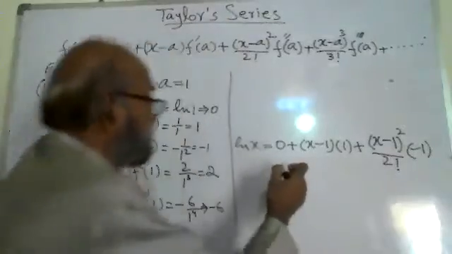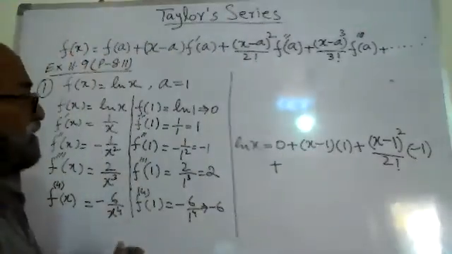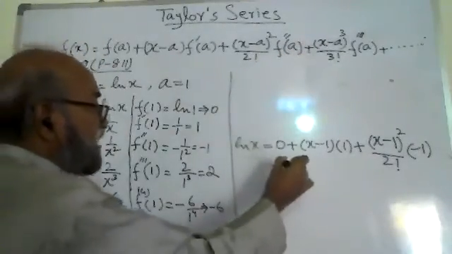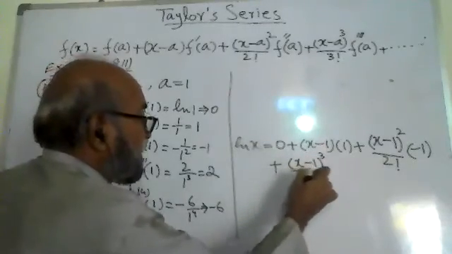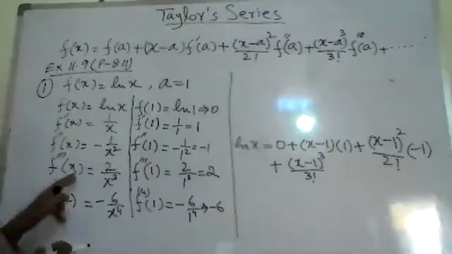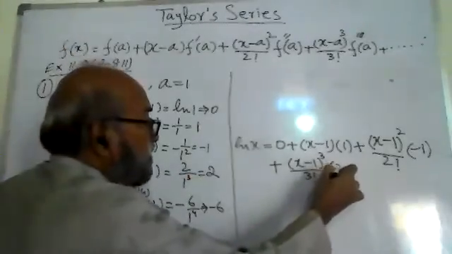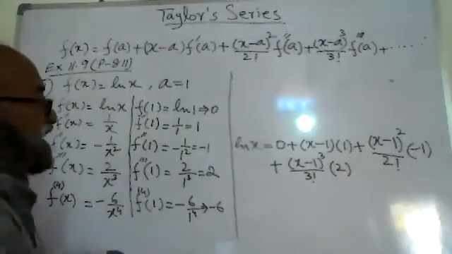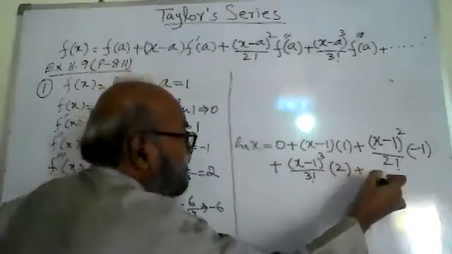The third term, x minus a whole cube, so x minus 1 whole cube upon 3 factorial into f triple dash 1, which is 2. Then x minus 1 whole raised to power 4, and so on.